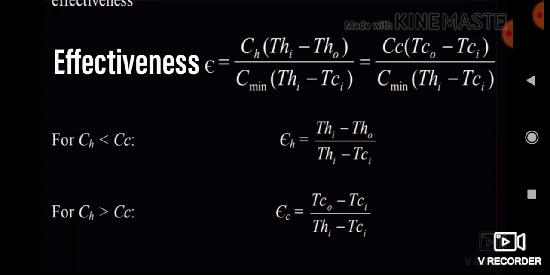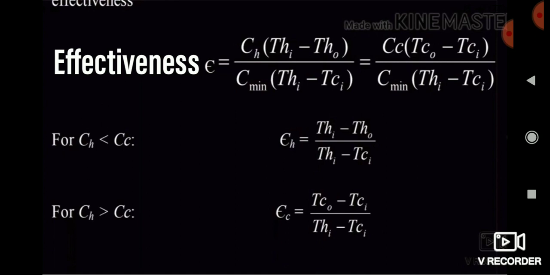Here you see in both equations, first equation and second equation, it is clearly written THI minus TCI. Means the denominator is not going to change. The denominator is the same whether CC is minimum or CH is minimum. The denominator आपका change नहीं होगा. You have to only take care of the numerator.